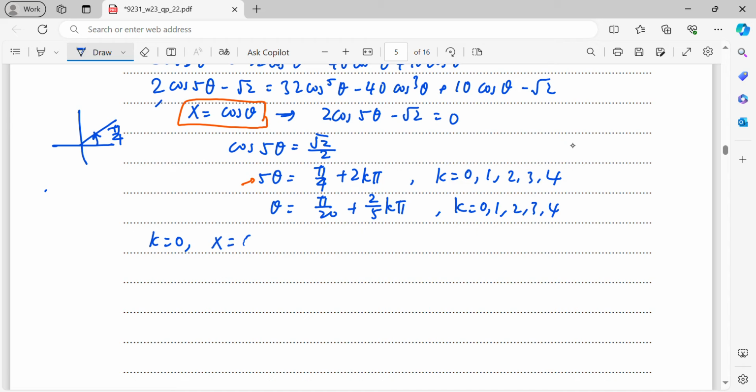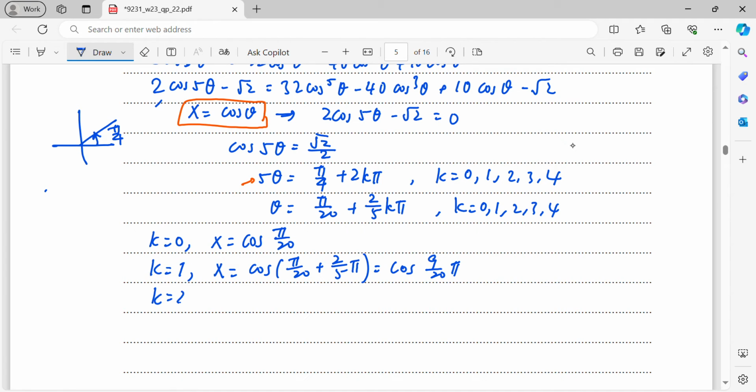My x will be cos, replacing k by 0, that is pi over 20. That's my first x. When k equals 1, my x equals cos of pi over 20 plus 2 over 5 pi. So this is cos of 9 over 20 pi.